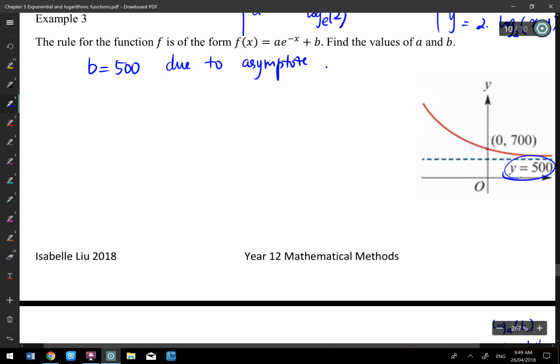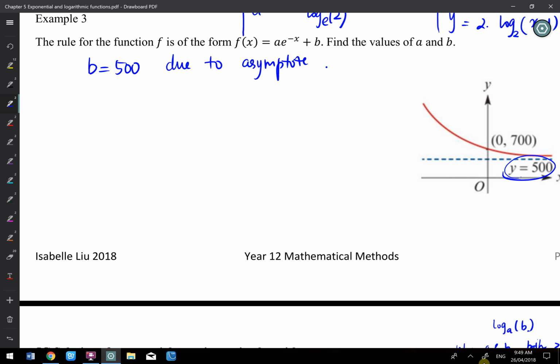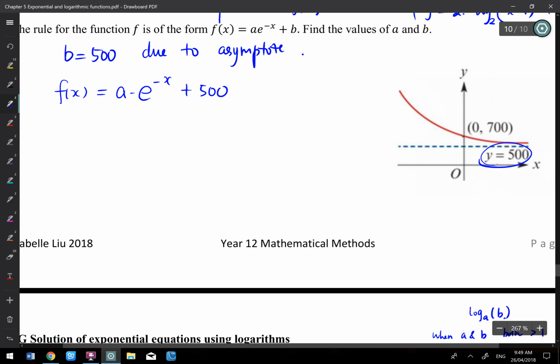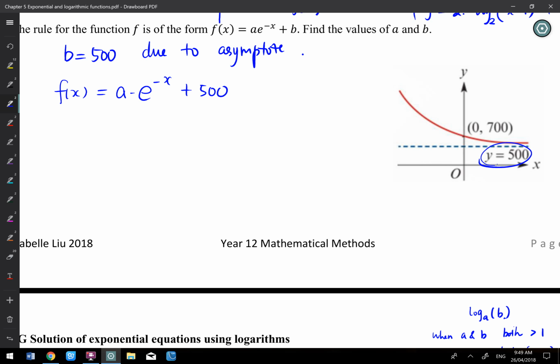So b equals 500, and what I have is f(x) equals a times e to the power of minus x plus 500. The only thing you need to learn from this question is that asymptotes will give you the constant value. So that's 500, and I'm left with one variable.